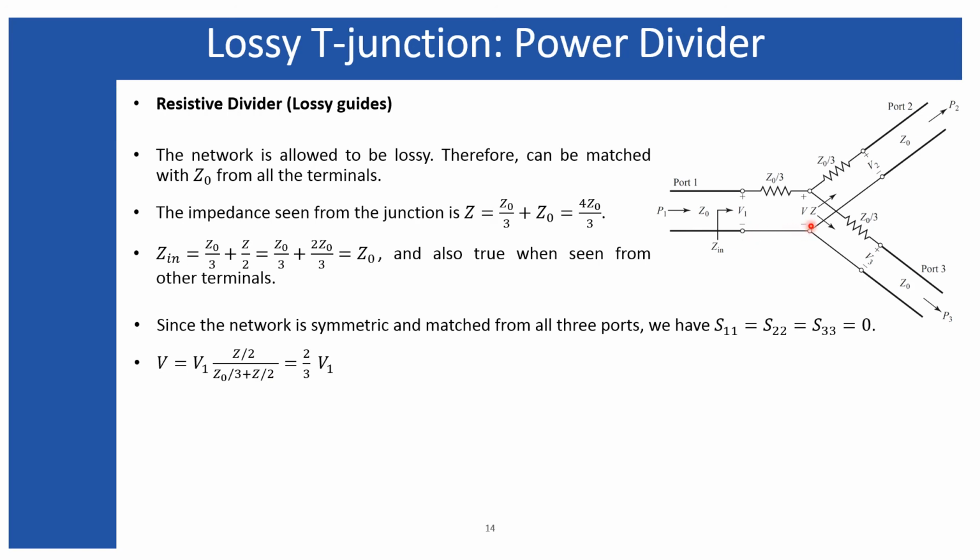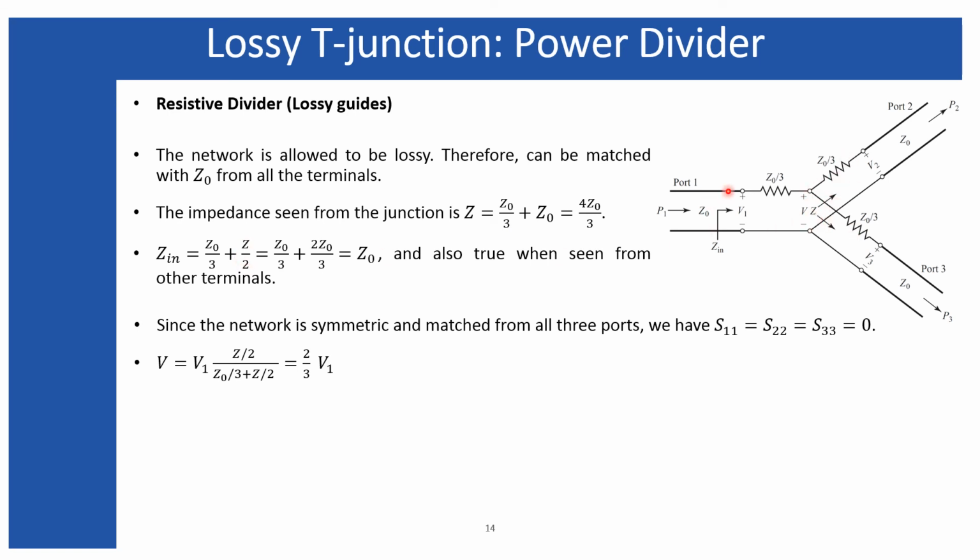Now the other elements of the S matrix. The voltage V appearing across this junction will be derived from the input voltage V1, because this is the input guide, and by using the simple voltage divider rule we can easily find V. The load appearing across the junction is nothing but Z by 2, because it is a parallel combination of these two.